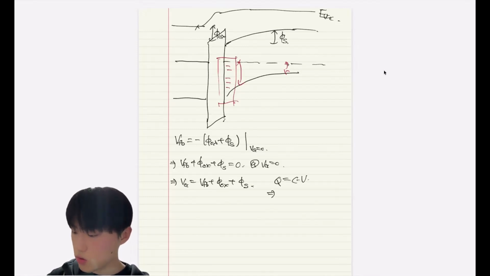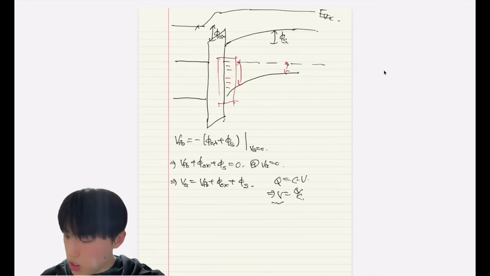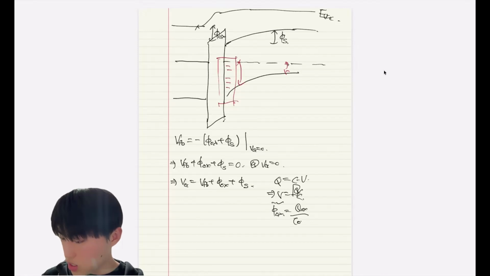So we can say V is Q over C, and actually this V will now be phi ox, and the Q will be Q ox and the C will be C ox.